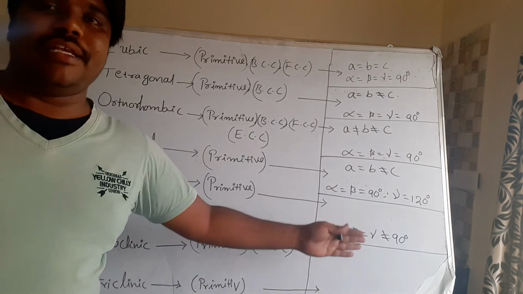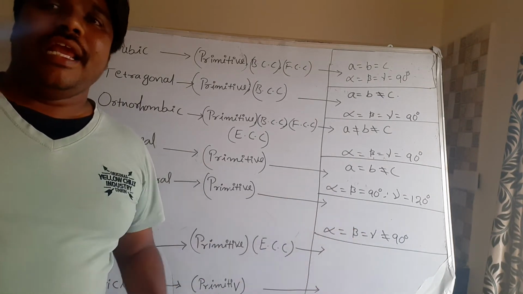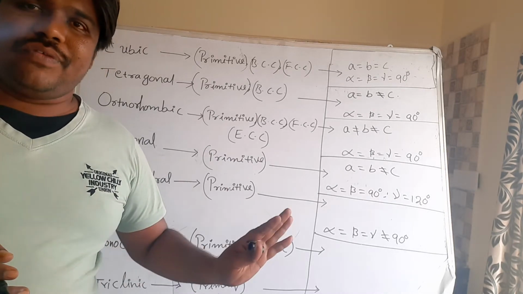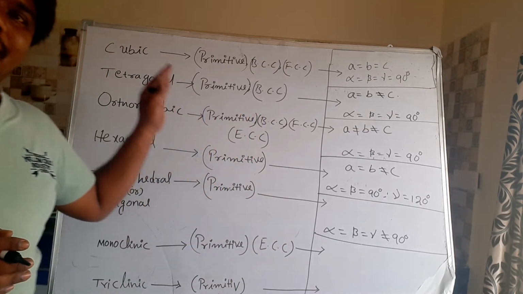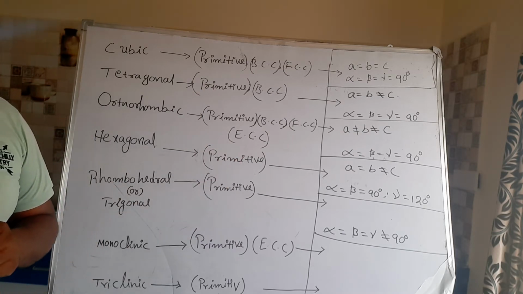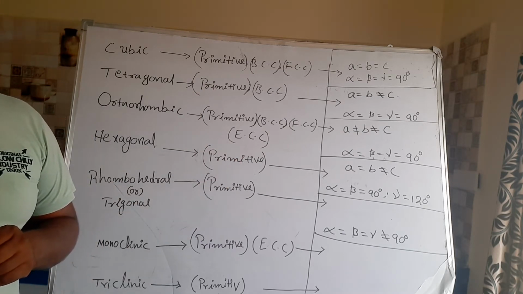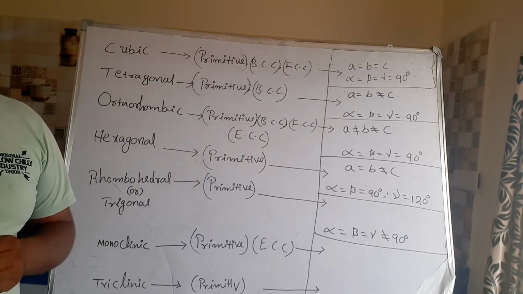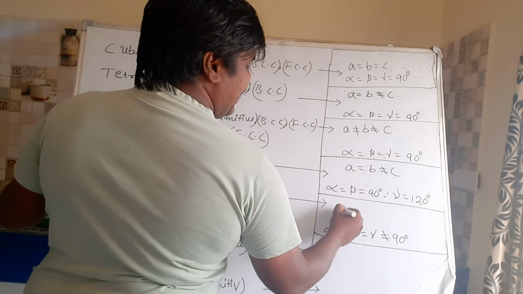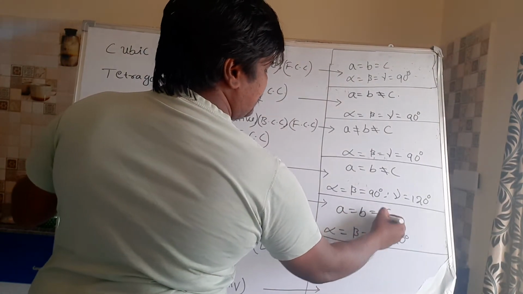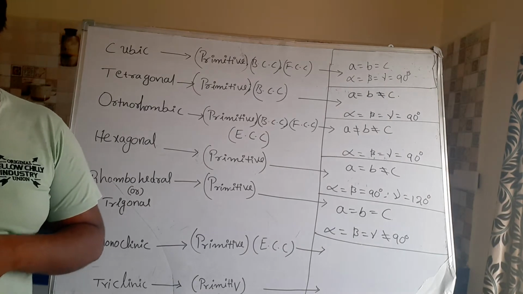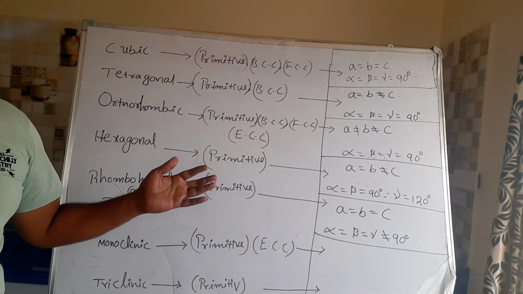For board examinations, these are not necessary, though there is a chance they may be asked in 2 marks questions also. But it is very easy to memorize in a sequence. Right. What is the relation between edge lengths? The first one is repeated here: a is equal to b is equal to c for rhombohedral or trigonal.